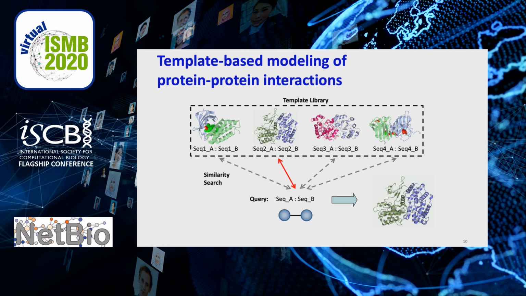If we're lucky, we will find a protein complex in the library whose sequences are similar to the sequences of the query protein pair. In that case, we can borrow the known three-dimensional structure of that homologous protein complex in the library and use it as a template to build a homology model for the query protein pair.